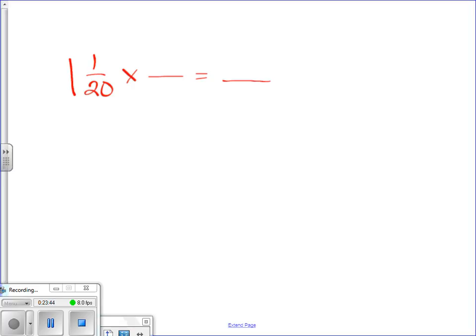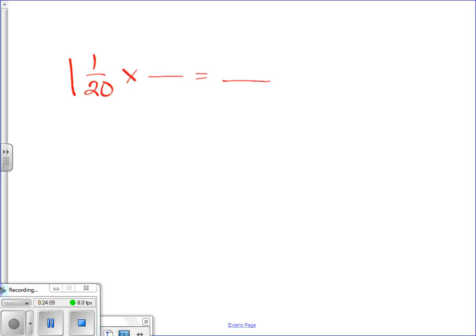Is there anything in this problem or anything in this number that we can hold off to the side and go, I don't need to worry about that right now? I can hold on to it until I need it for my answer. The 1, the whole.